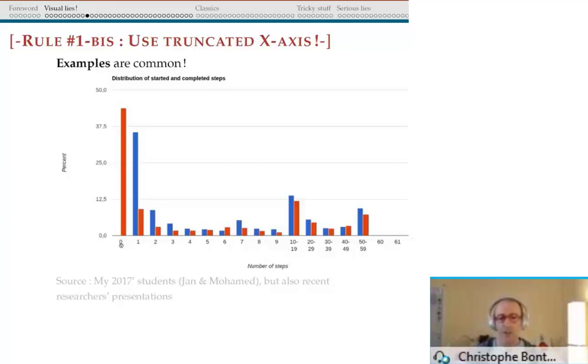I mean, you have many learners that only follow one step, and then a little bit more follow 2 steps, etc. There seems to be a bump here at 7 because 7 may be something important in this course, whatever. And you see here immediately there is a bump, right? There is a bump at step 10.